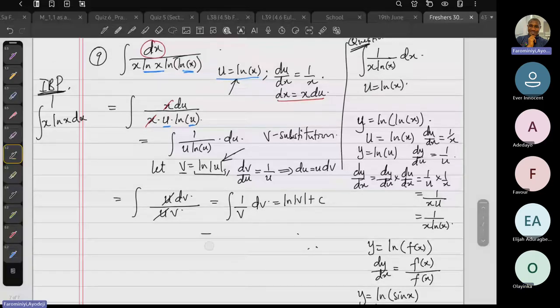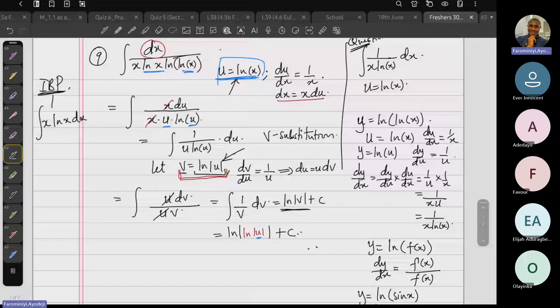So the integral of 1 over v is natural log of v. Well, what is v? v is equal to natural log of u. So that is natural log of u. Then we remember again that u is equal to ln x.